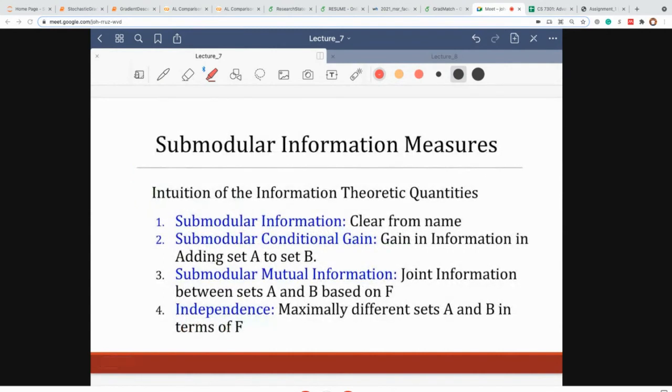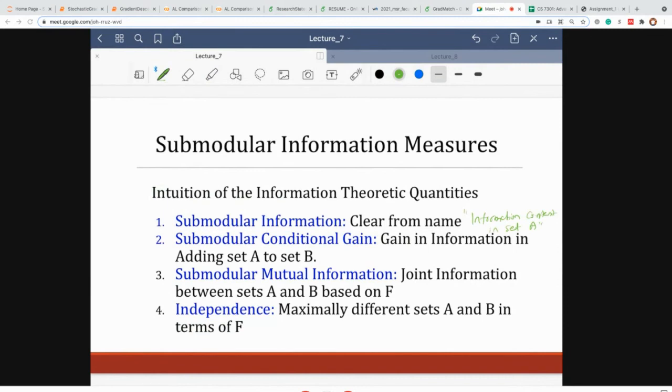All right. So what is the intuition here? The first one is just the information function. This is the information content in a set A. So this is just a submodular information, which is clear from the name.